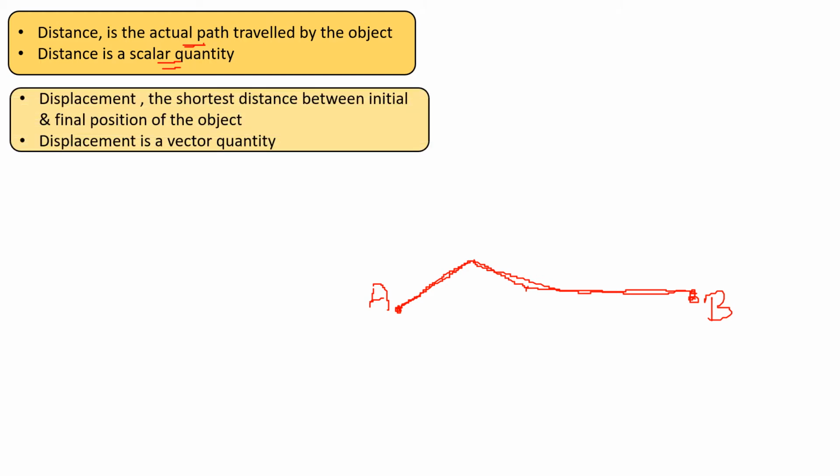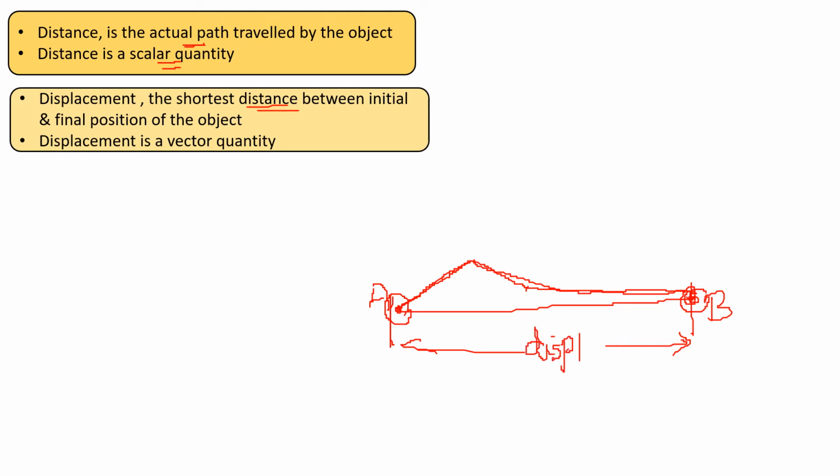Now next is displacement. Displacement is the shortest distance between initial and final position. Now in this case, shortest distance will be what? The straight line between the initial and final position. So this, how much the object is displaced with respect to its initial position, that becomes the displacement. So this is the displacement.